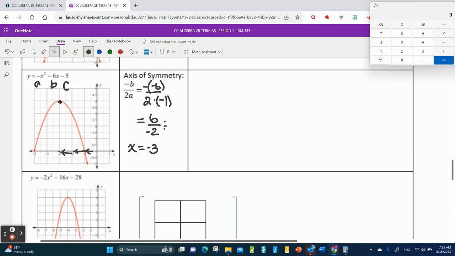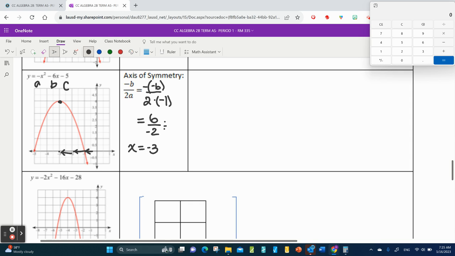Here on my picture, I can verify that my vertex is going to be -3, comma 4. So here is the position, but if I don't have the picture, I need to have a way of figuring that out. All right, so let's begin here.